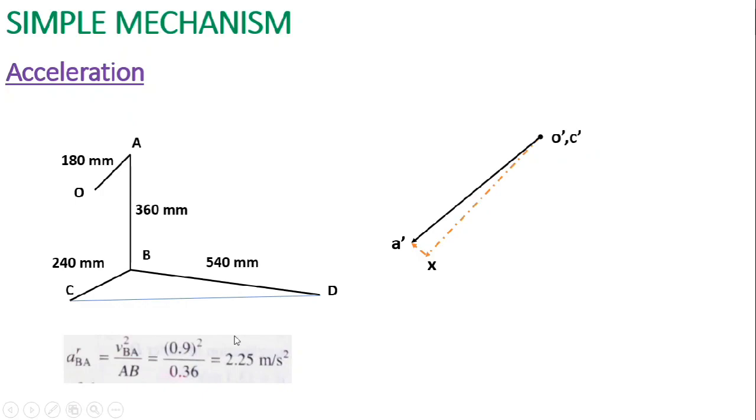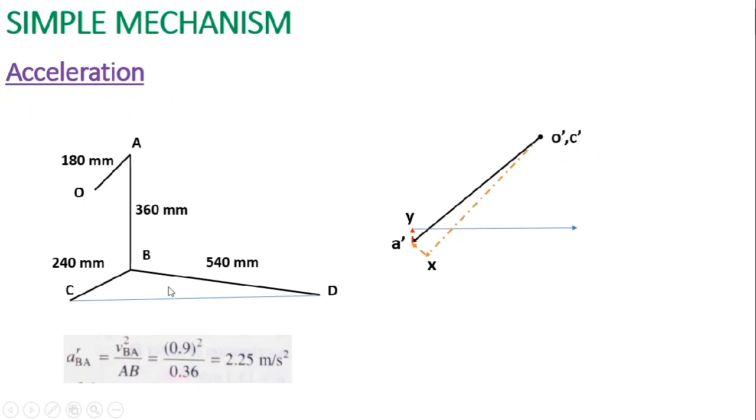So substitute that and you get the radial acceleration component of AB as 2.25 meters per second square. So that will be along the AB. So we draw this red color vector which you can see here, the radial acceleration component of AB. The tangential acceleration component is known only in direction, and that will be perpendicular to this, from A dash to point Y. So we draw this direction vector here.